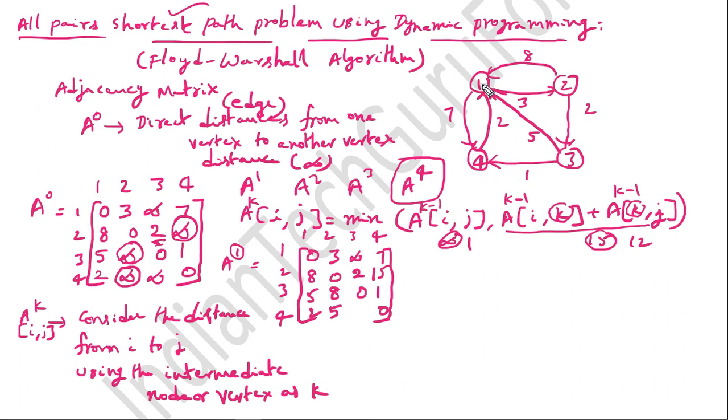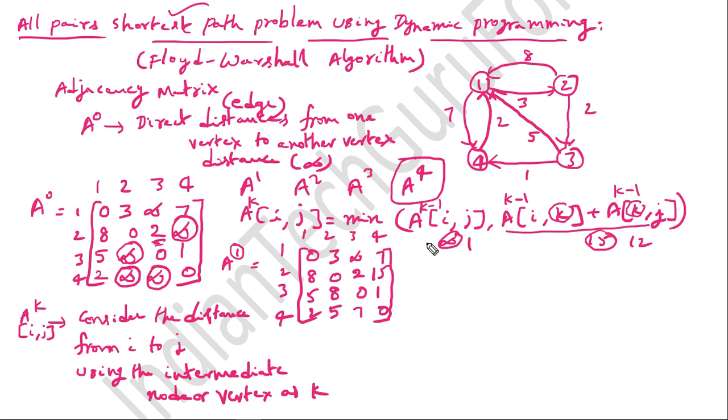There is an edge from 1 to 2 and from 2 to 3. So now intermediate node will be 1. So 4 to 1 is 2, 1 to 2 is 3, 2 plus 3 is 5, and 2 to 3 is 2, so the value here will be 7. Replace this particular infinity.